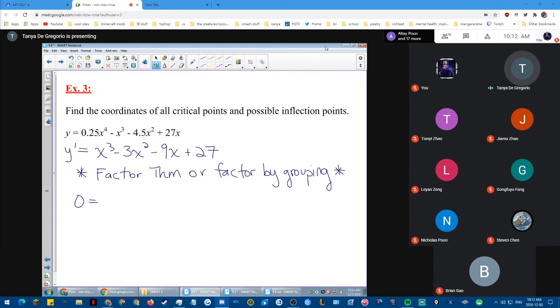Okay, so if I do factoring by grouping, I'm going to take an x squared out of my first two, and then I'm going to take my negative 9 out of my other two, to give me that common factor. And then I factor again, right? My GCF is x minus 3, and then it's a difference of squares.